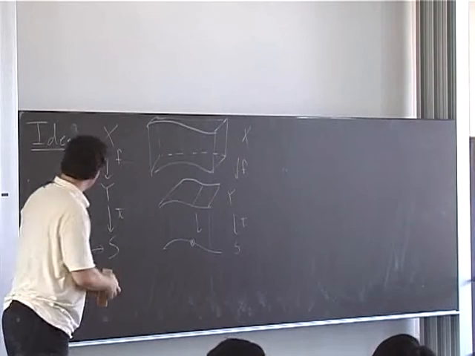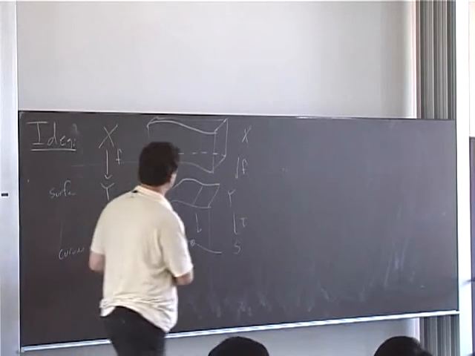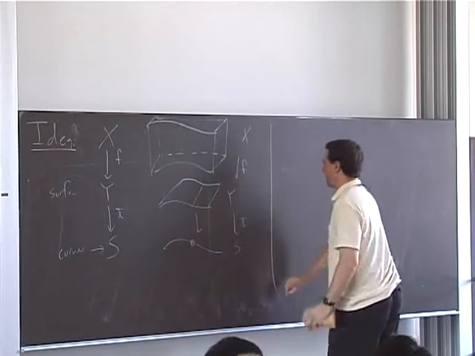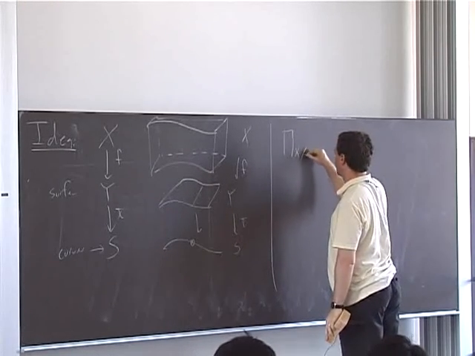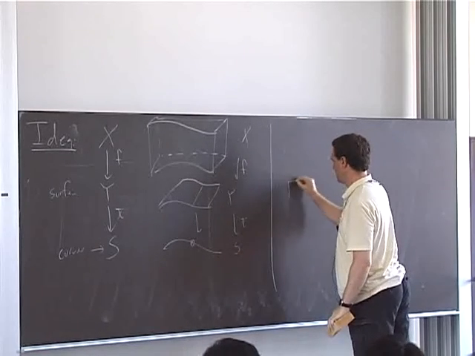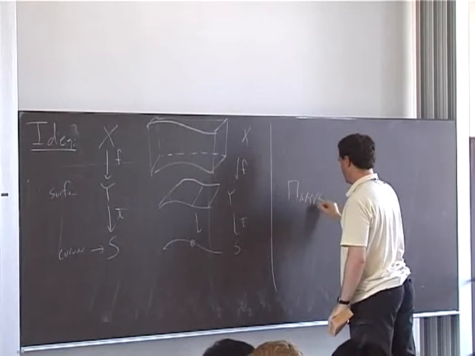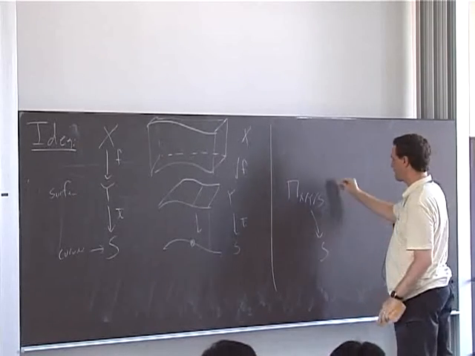Now, we want to understand sections of X over Y, and it turns out that there's a space Grothendieck constructed, as a consequence of the existence of the Hilbert scheme, the space pi of X over Y over S, sitting over S. Let me draw it a little bit lower down. This space has a universal property.